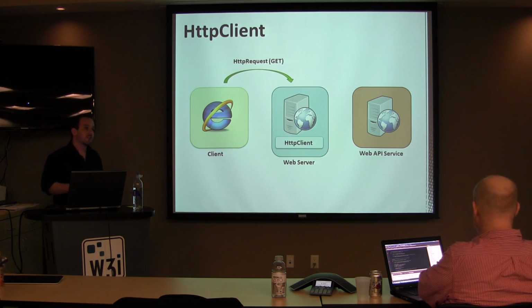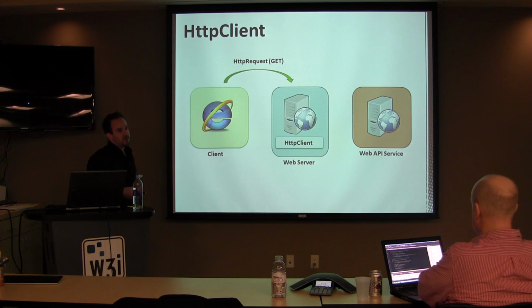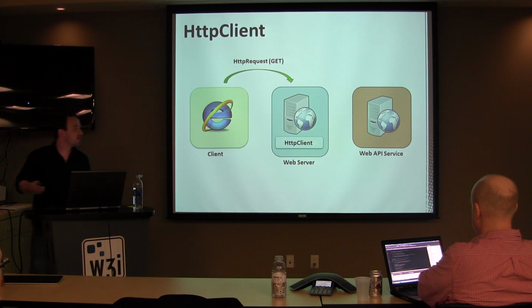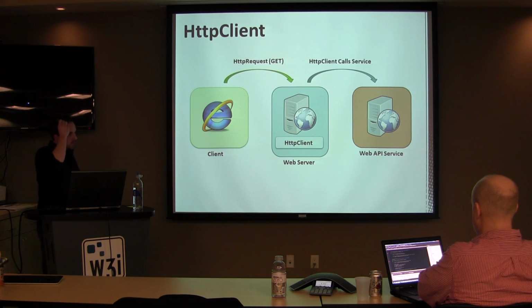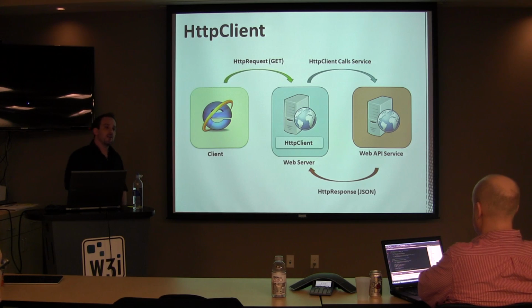Our index action is going to create a new instance of the HTTP client. That HTTP client is going to proxy our call outside of our domain to the web API that's hosted on Google. And Google is going to do whatever it does to get all our data and return to us an HTTP response, again with the payload being a list of dogs in JSON format.